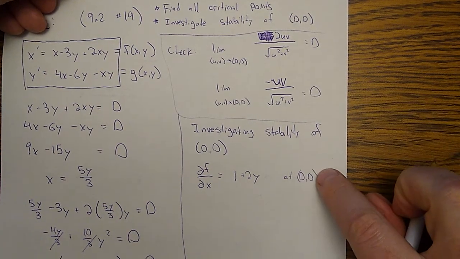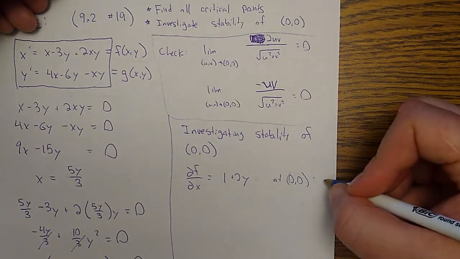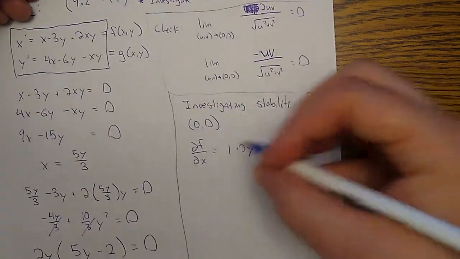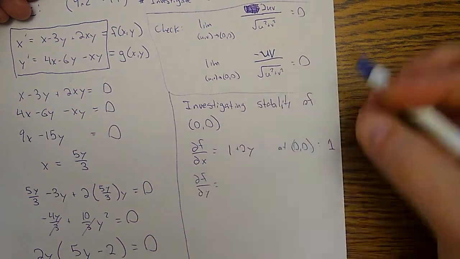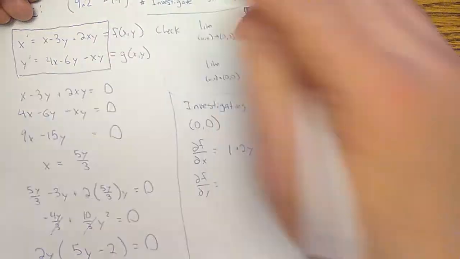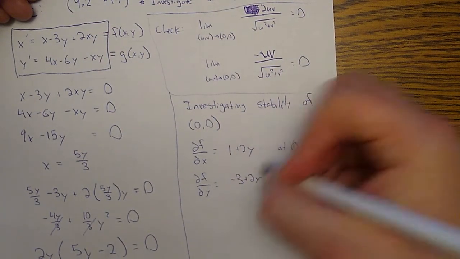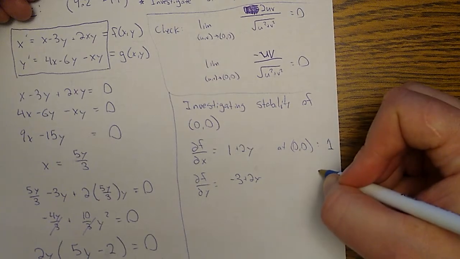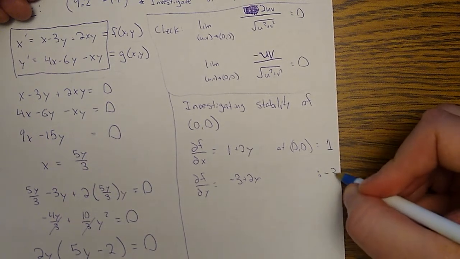And I evaluate these at the point in question. So I get 1. Partial with respect to y is -3 plus 2x. And I evaluate this at this point, so it would give me -3.